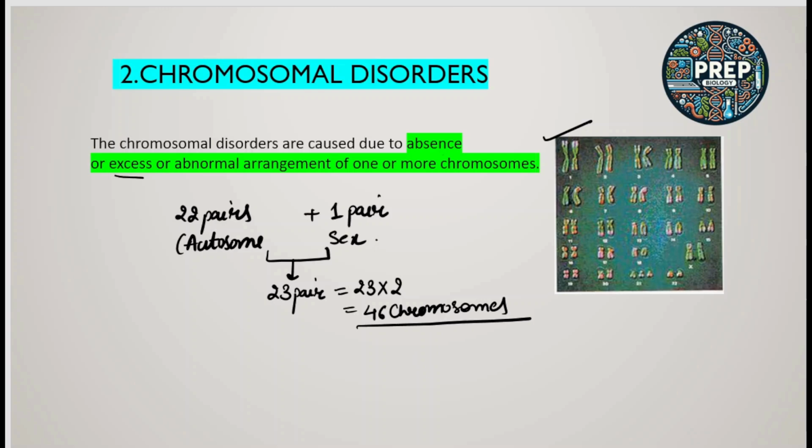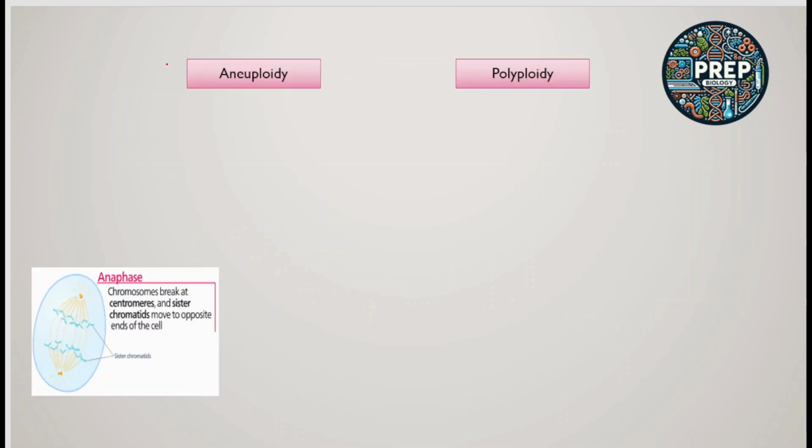So the chromosomal disorders are caused due to abnormal arrangement, like the addition of one chromosome or subtraction of one or two chromosomes. This is called the abnormal arrangement. So in this we have two categories, aneuploidy and polyploidy.